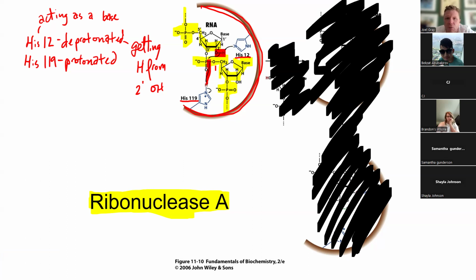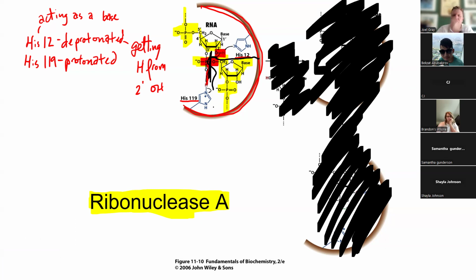And effectively, we're going to be breaking a bond right here between phosphorus and oxygen. And that is going to lead to this part of our molecule breaking off. So if we think about this RNA molecule, we're severing a bond right there.